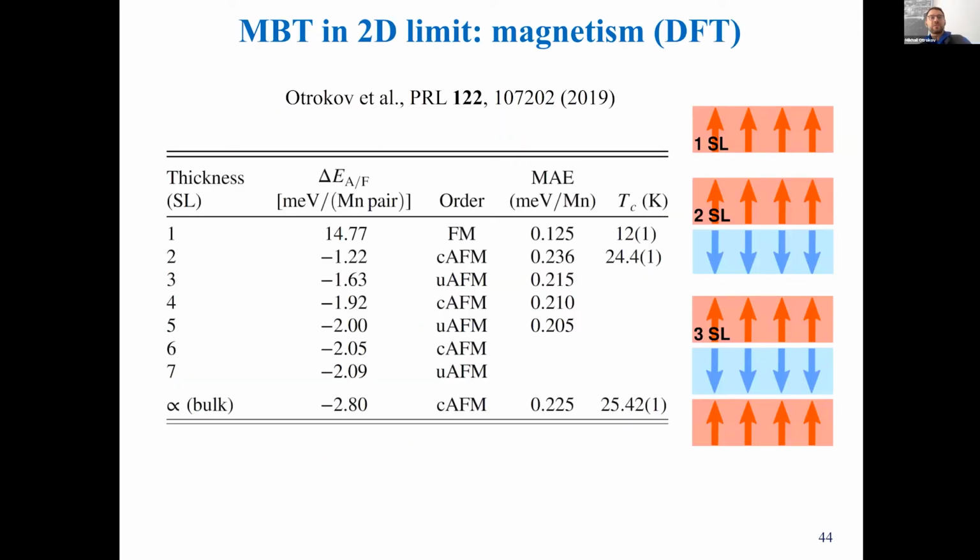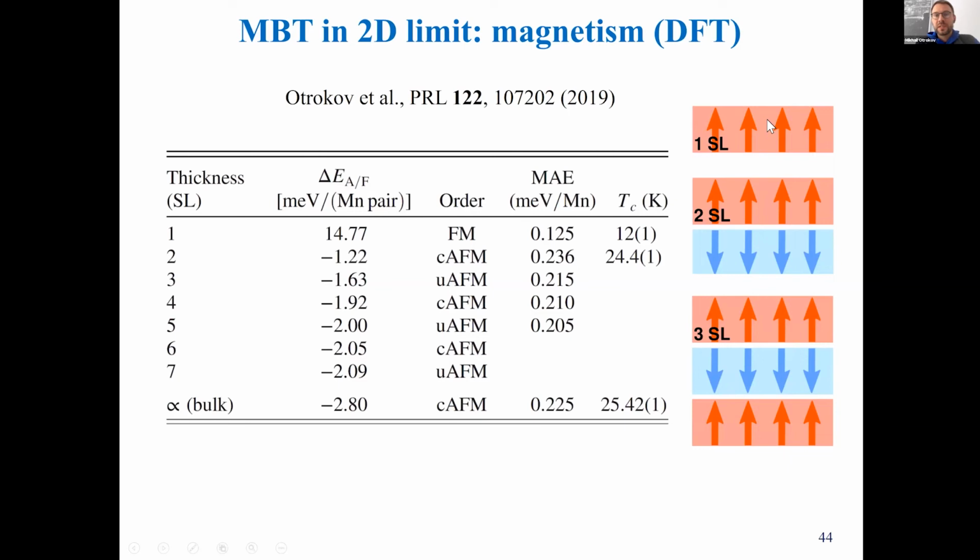Let us first go into 2 dimensions and consider in the present slide the magnetism. Actually, nothing surprising happens here, but it is important to comment on these differences. Since it is a layered van der Waals material, nothing basically changes, at least from the theoretical point of view, with its magnetic structure.